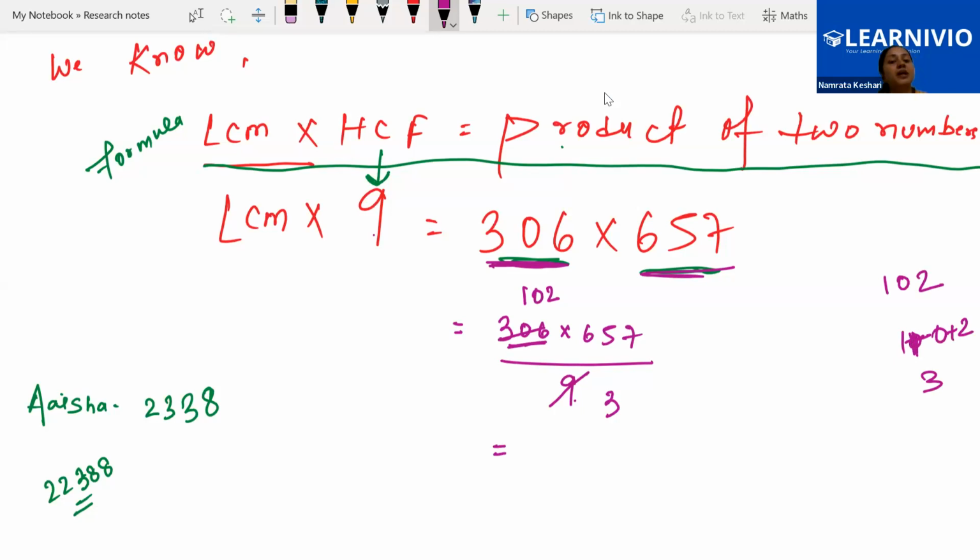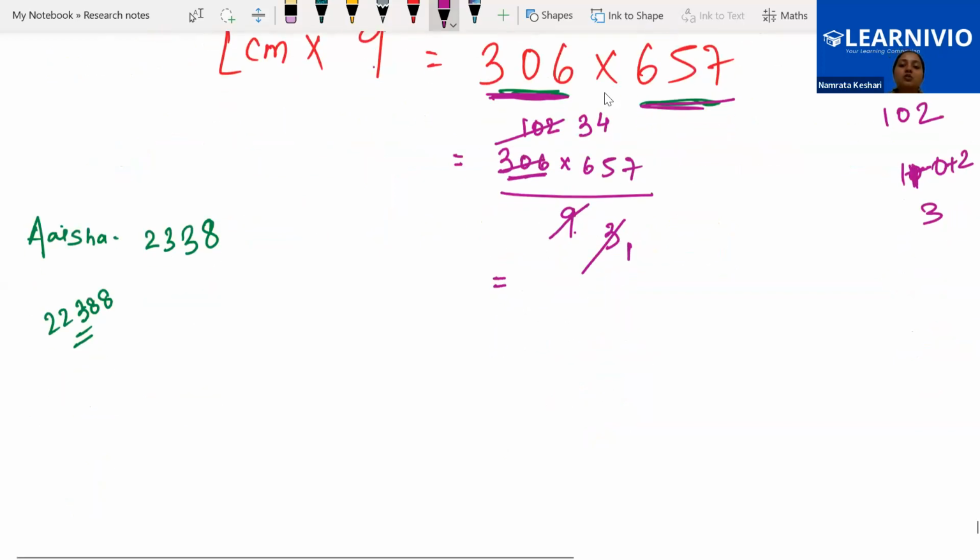You must be wondering how I knew that 102 is divisible by 3. We must know the divisibility rule of each and every number. So 3 times 9 gives 3, and 3 times 34 is 102. We got 34 in the numerator, and 1 in the denominator. So in the numerator we have 34 into 657, and now we do the multiplication.